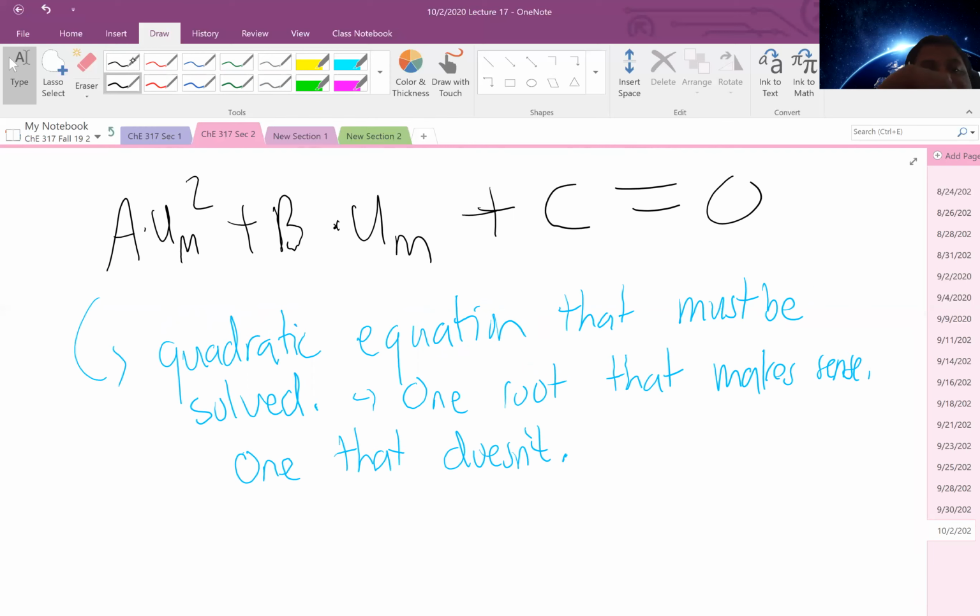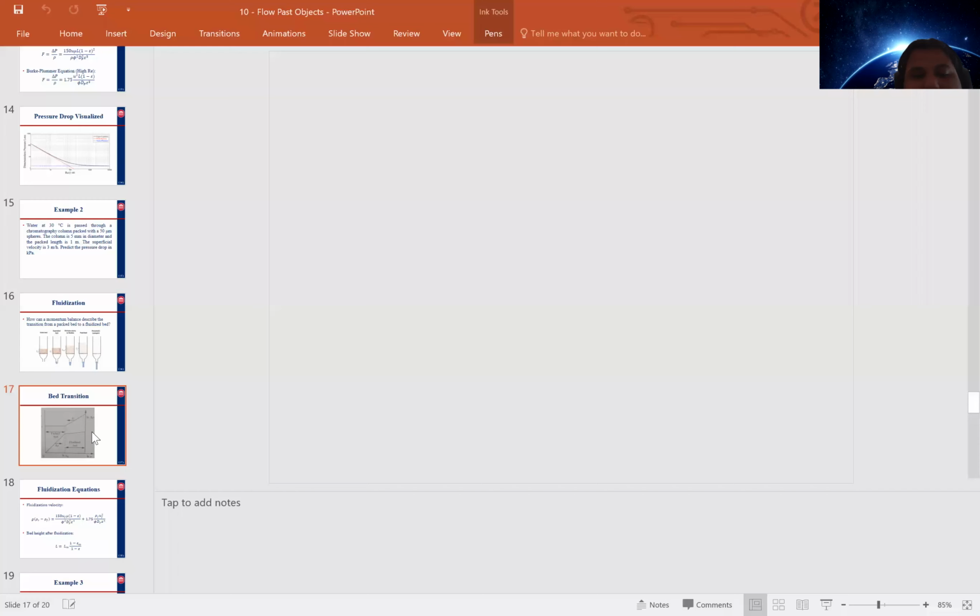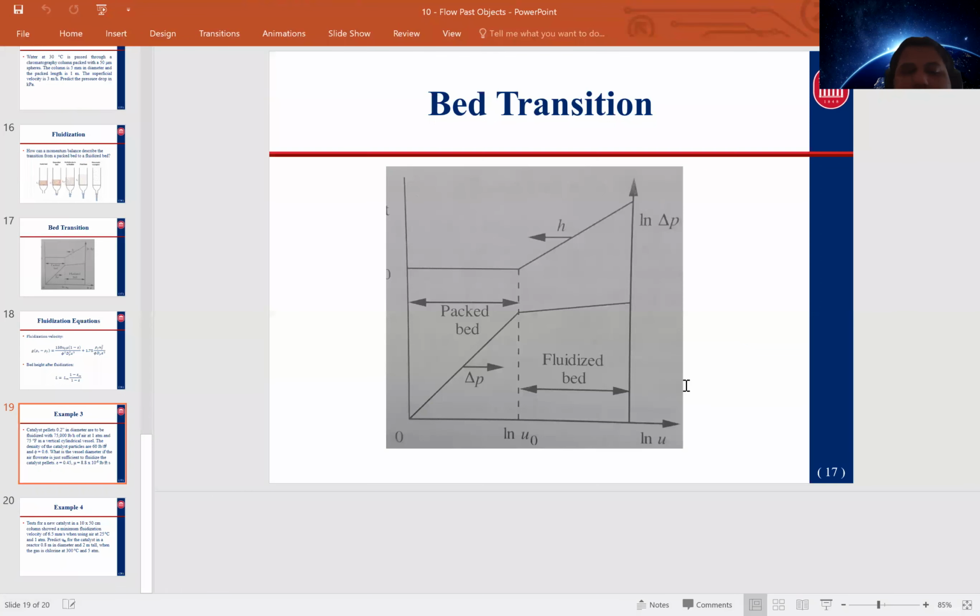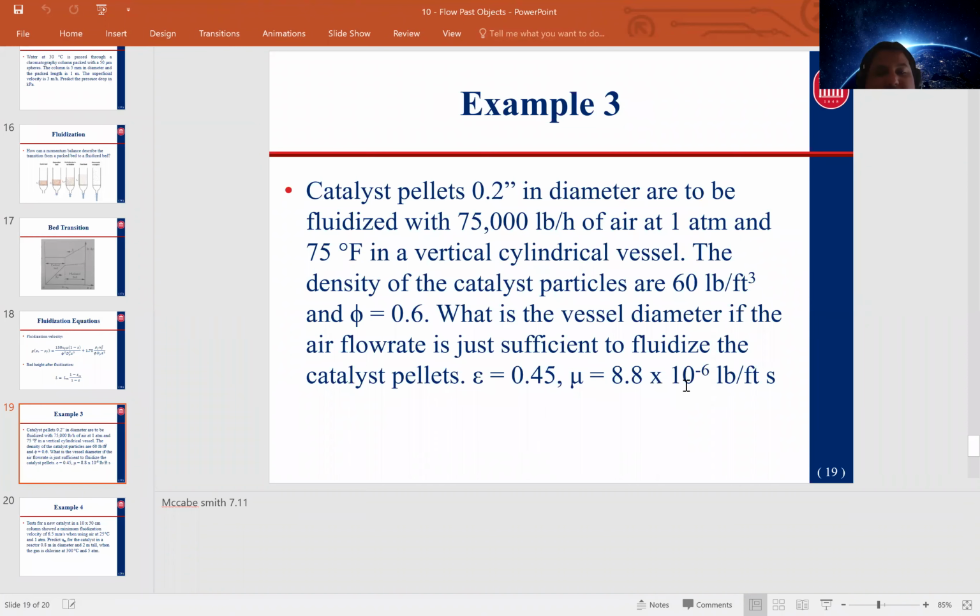So let's look at an example of this. Let's say we have catalyst pellets, about 0.2 inches in diameter, that are to be fluidized with 75,000 pounds per hour of air at 1 atmosphere and 75 degrees in a vertical vessel.